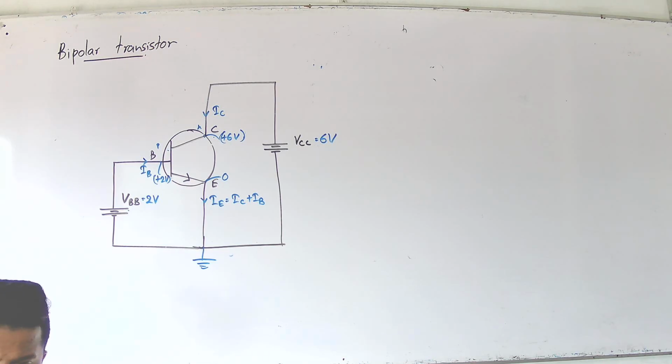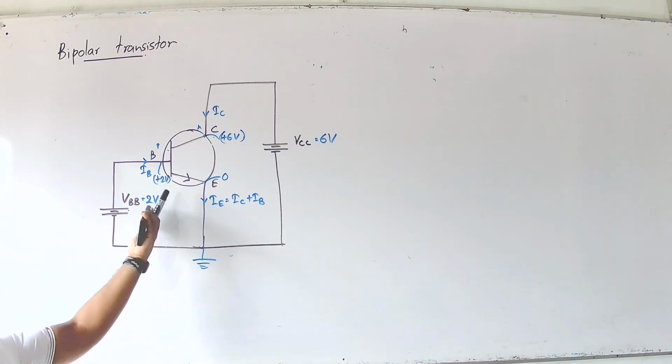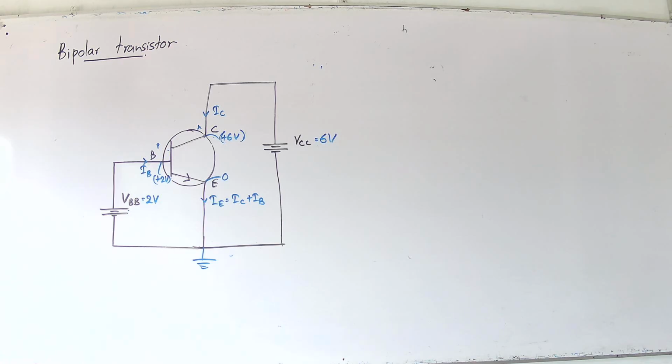That means what? When this is forward biased, the current is traveling in this direction, right?